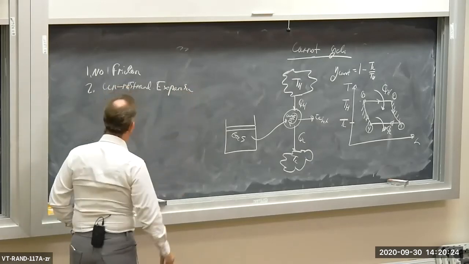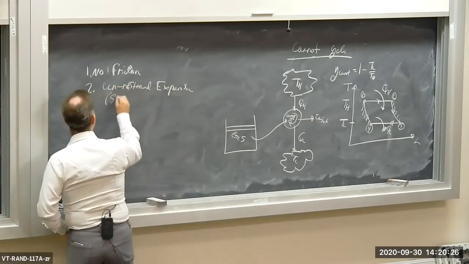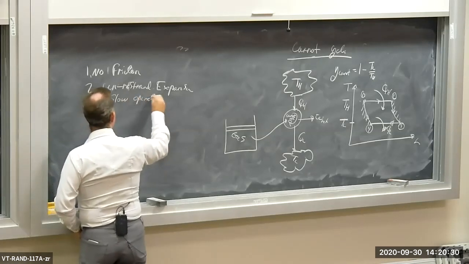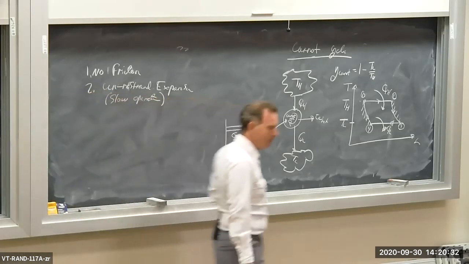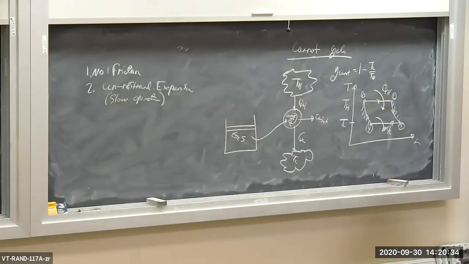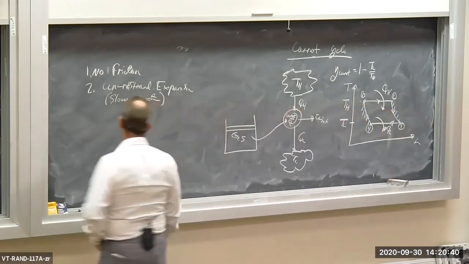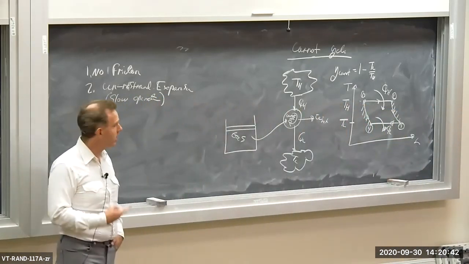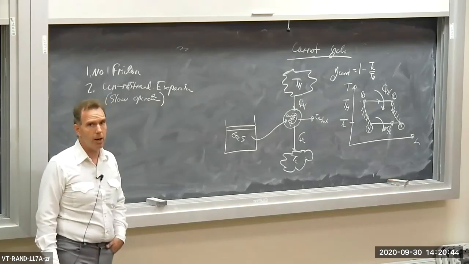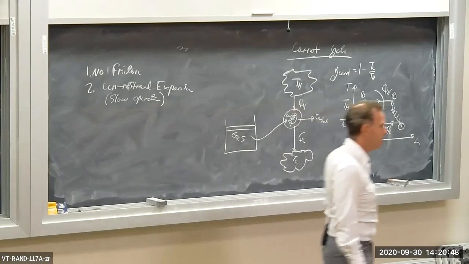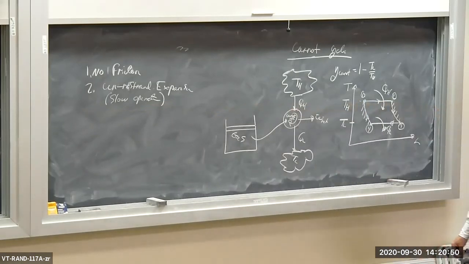That means it has to operate very slowly. Slow operation. How slow? So slow you can't see the piston moving, in theory. By the way, that means this thing is efficient, but it may not be powerful. If it turns so slowly you can't even see the piston moving, it's not going to produce much power.